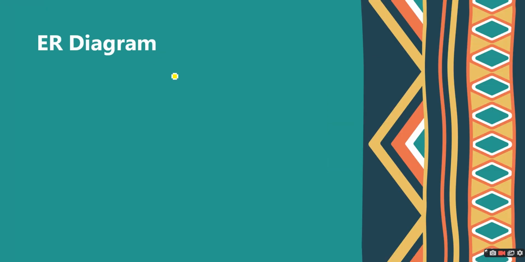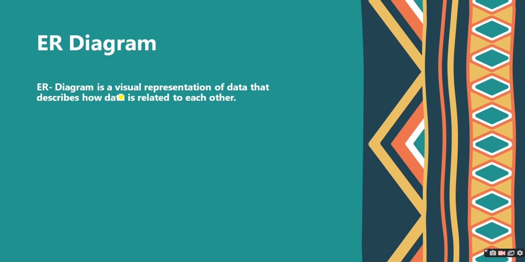So what is ER diagram? ER diagram is a visual representation of data that describes how data is related to each other. What data? We have already discussed what data is. Let's say I want to create a school management software. So what is data? We have different entities, like a student, like teacher, and much more.